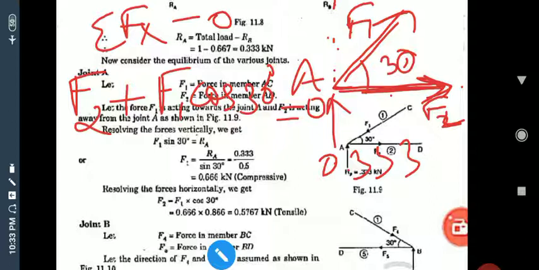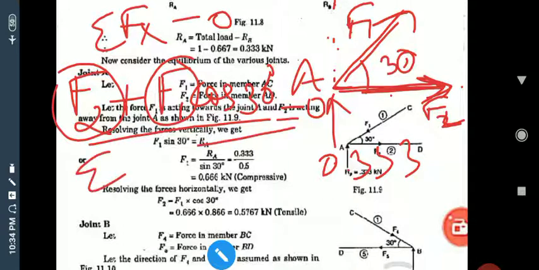But what is the problem here? The problem is that we know neither F2 nor the value of F1, and we are left with only one equation, so this equation cannot be solved. So we will mark this equation as equation number 1, and go with the second condition, that is summation Fy equal to 0. So what are the forces acting in the y direction?